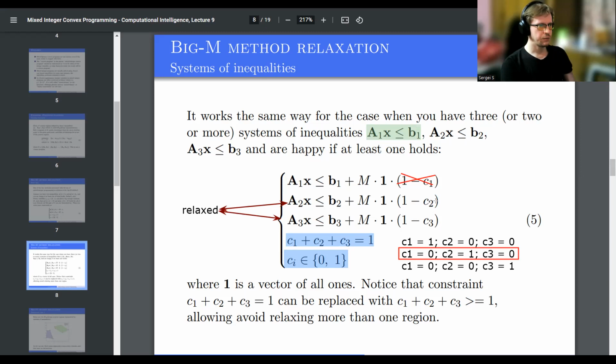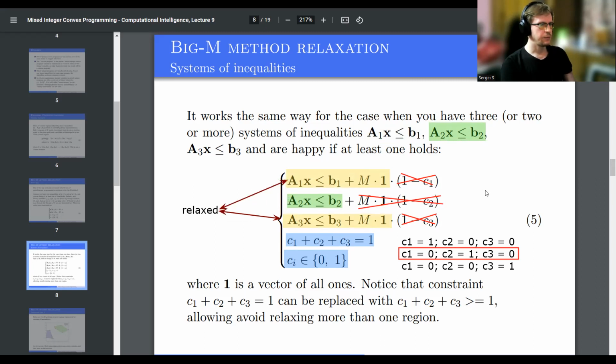Here we would have 0. 1 minus 1 is 0. So this is going away. Here we would have 1 again. So we would have one constraint which holds, this one, and 2 constraints which are relaxed. And that's it.